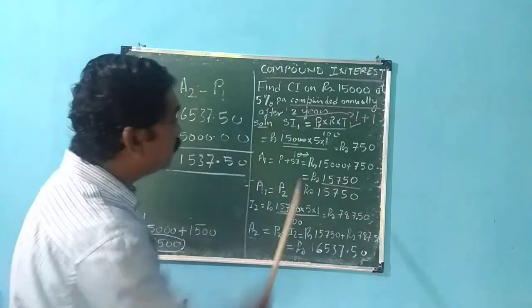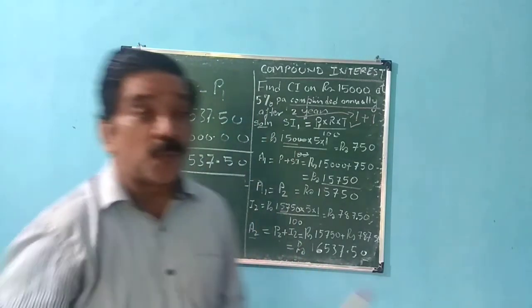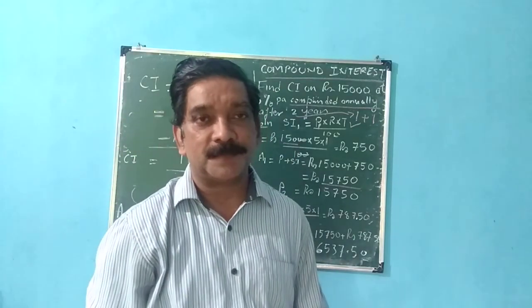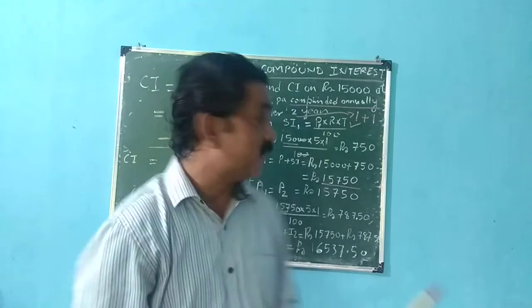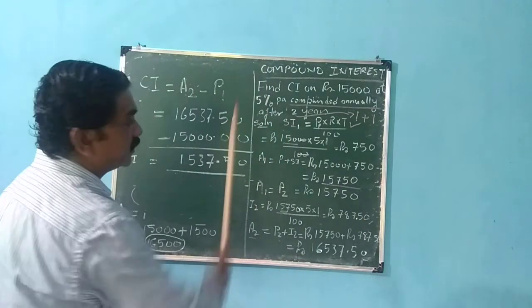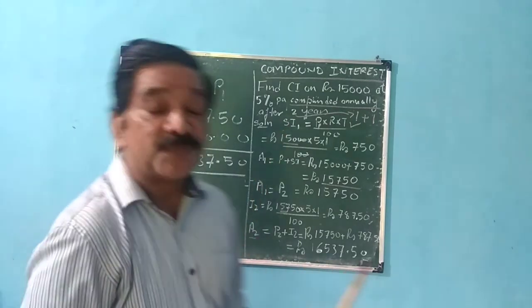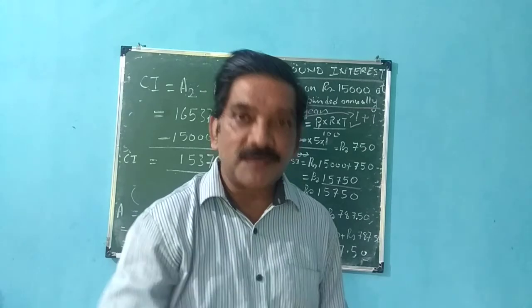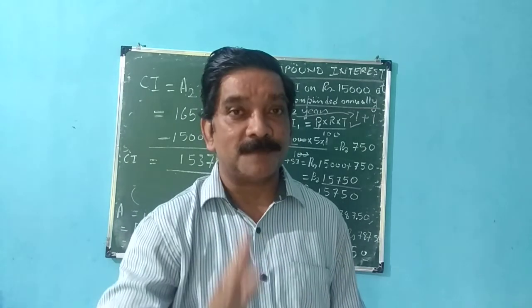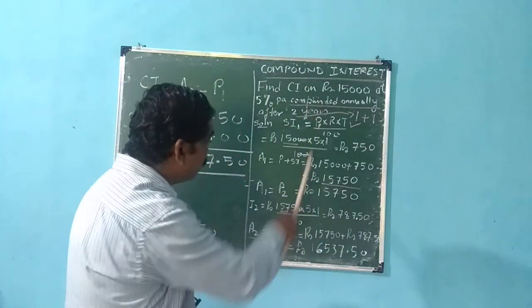This method is very good to understand what compound interest is. We have a formula also for this. We can just put the values and get the answer, like what we did for simple interest. We'll deal with the formula afterwards, but you try to understand this.